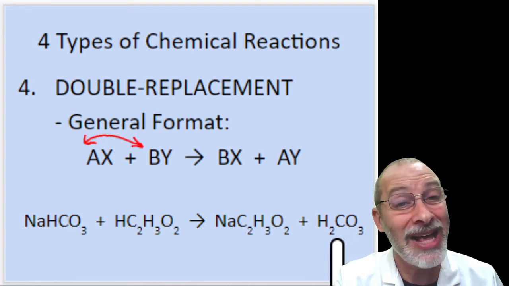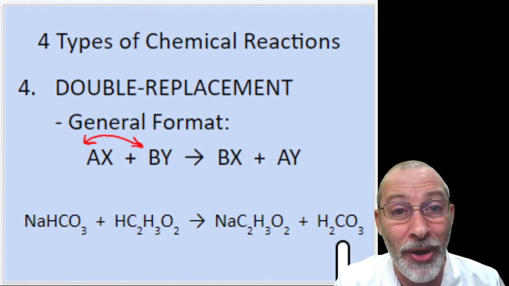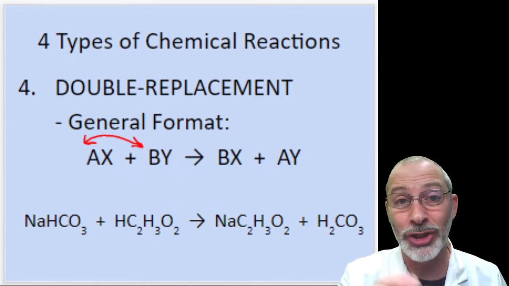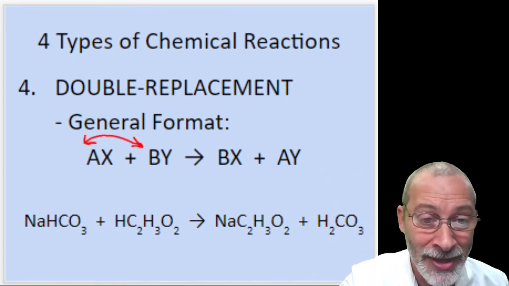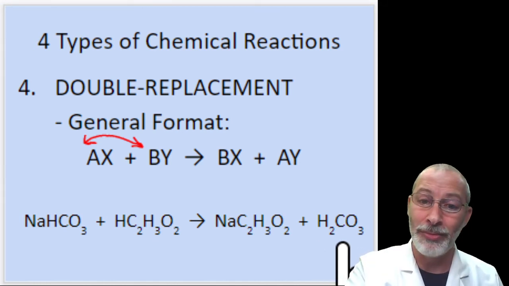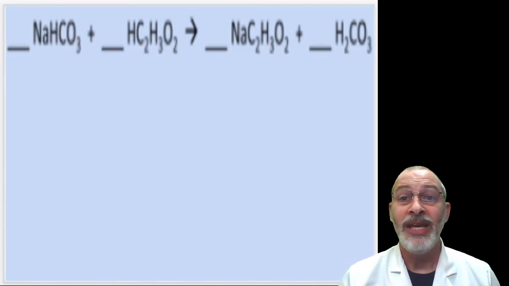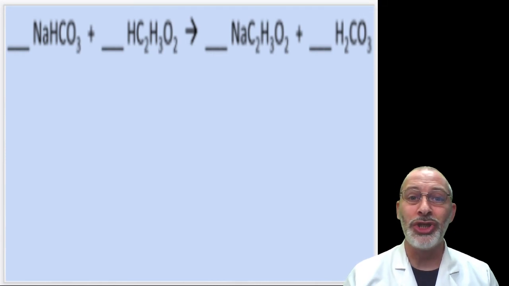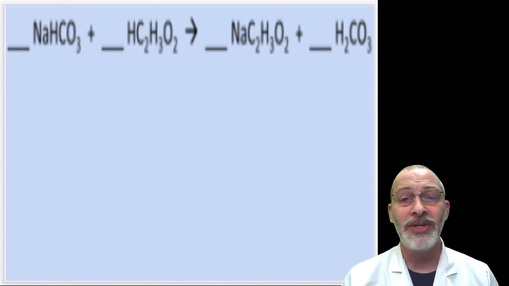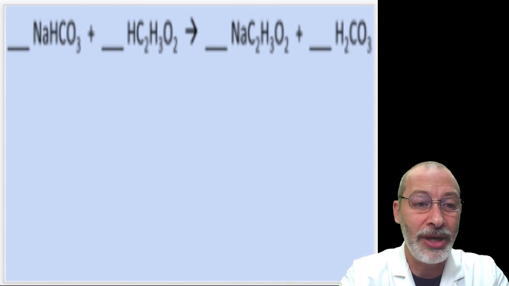And carbonic acid, you may recall from last week's topic, is a very weak acid that falls apart and undergoes an additional chemical reaction, a decomposition reaction, releasing carbon dioxide as a gas, and water is left behind. But you may recall that from last week. So once again, here is the chemical equation we just talked about between the sodium bicarbonate and the acetic acid, an example of a double replacement reaction.